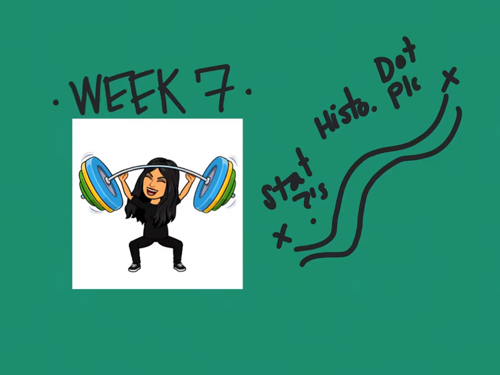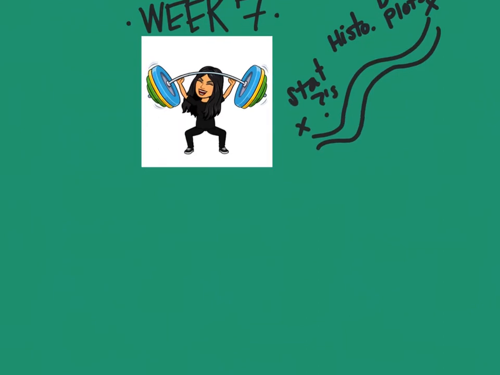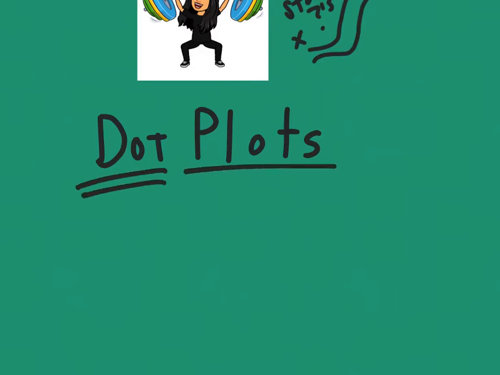I think this will be a pretty easy standard for you. So don't forget to check out our class website so that you can see all the places that we've been and where we're going. With dot plots, we actually worked with dot plots probably weeks 2 and 3 when we were working on statistical questions.